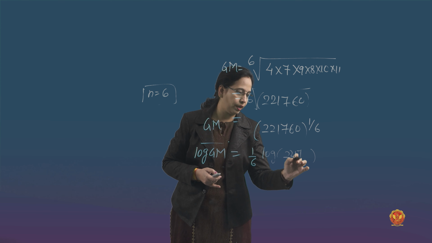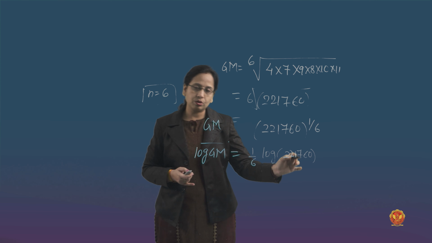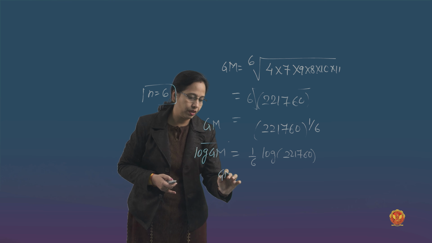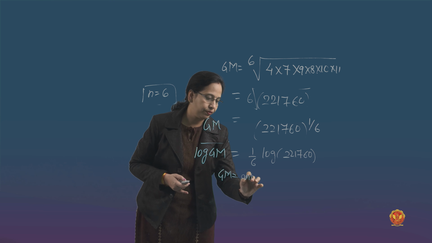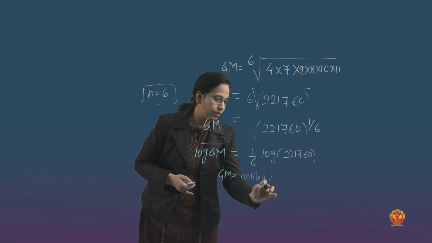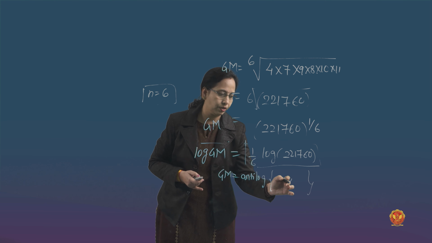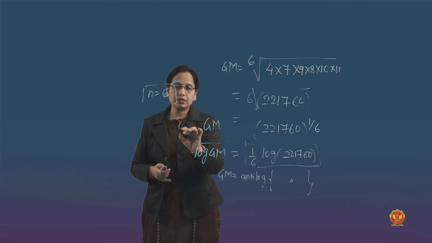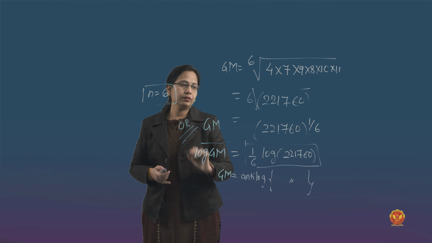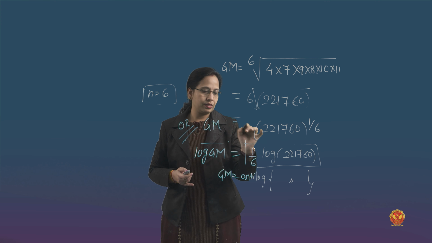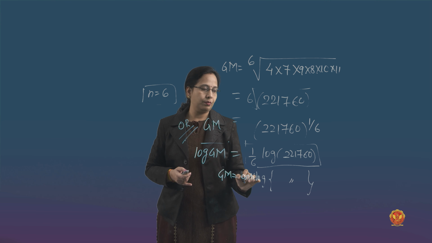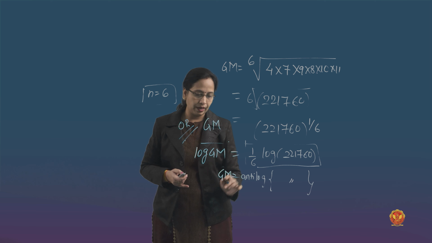You can use a log table. Applying the log table, the geometric mean is the anti-log of this value. It is a choice depending on whether a scientific calculator or a logarithm table is available. Using either, we can calculate the geometric mean.